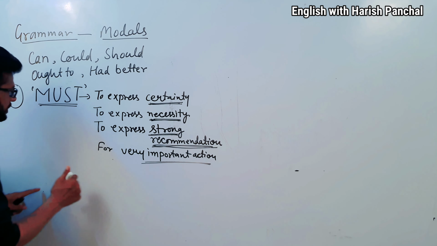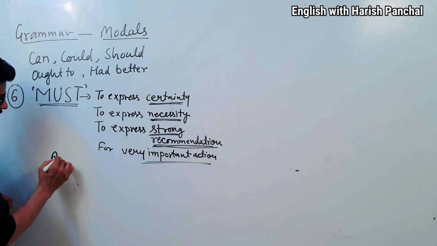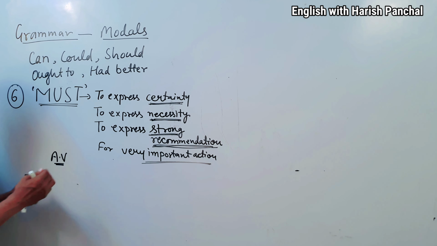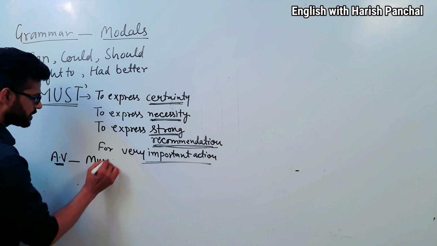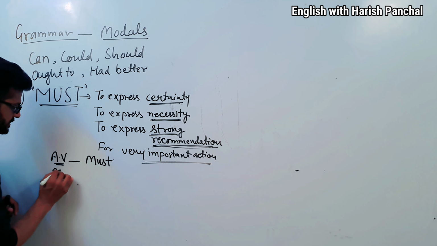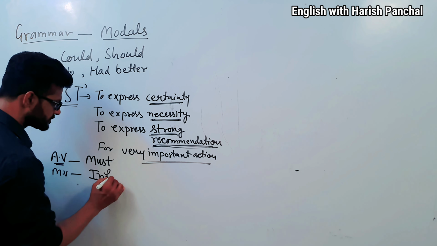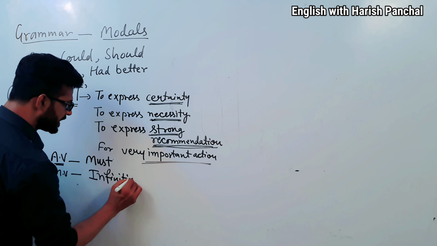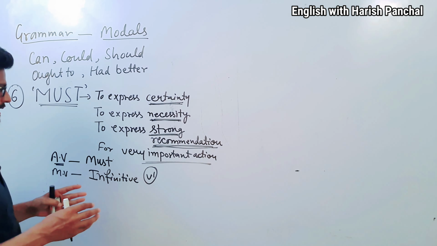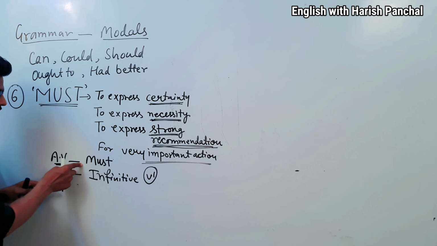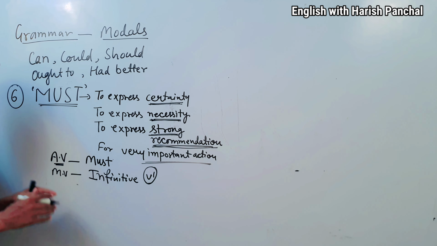When you make sentences, as an auxiliary verb you will use must, and as a main verb you will use the infinitive, which is known as the first form of the main verb. So the auxiliary verb is must, and you use the first form with it.